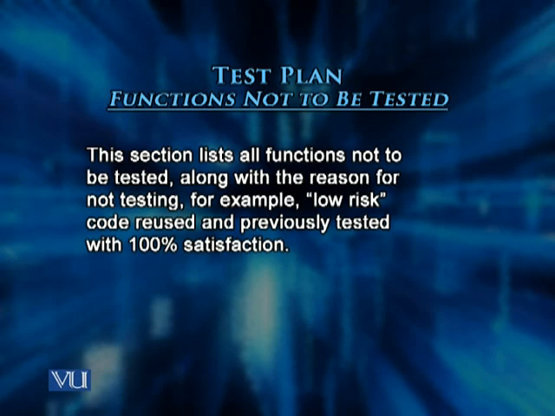For example, there may be some functions which are low risk code reused, and they have been previously tested with 100% satisfaction. And so in order for us to have efficient execution of testing activity, we may choose not to test certain pieces of code.